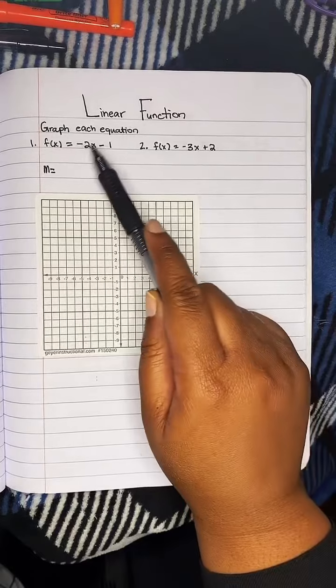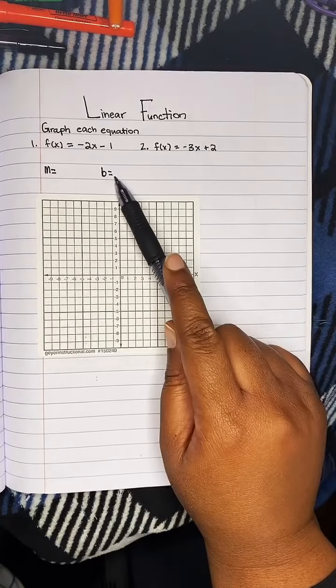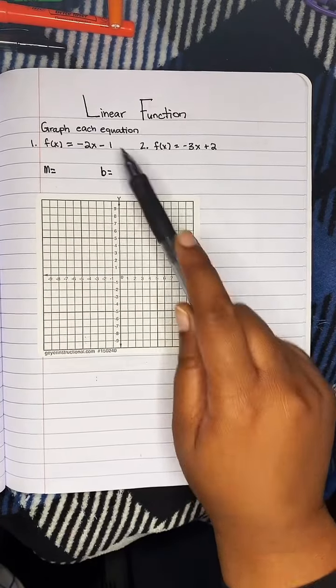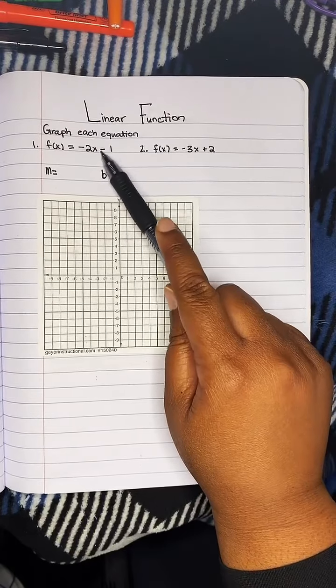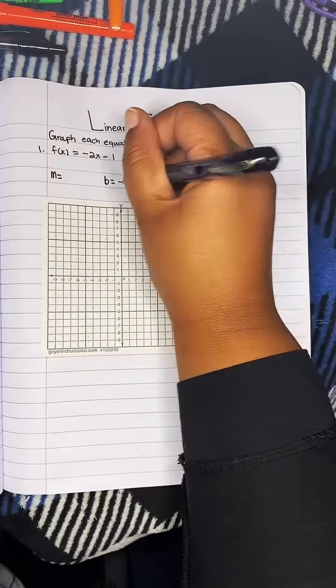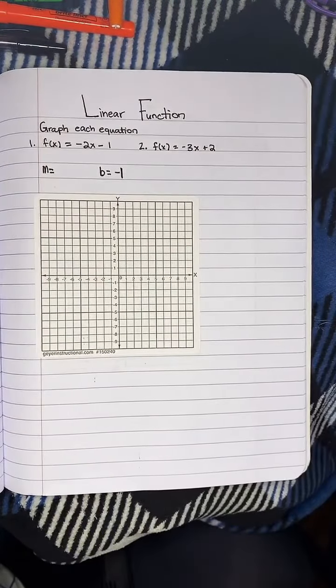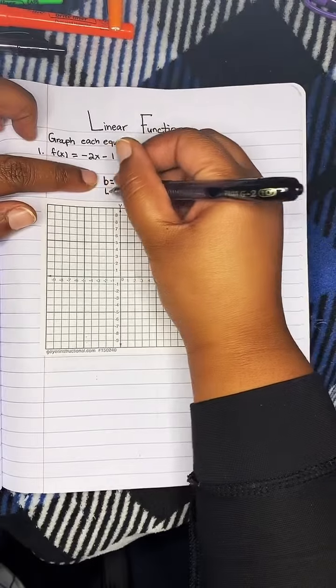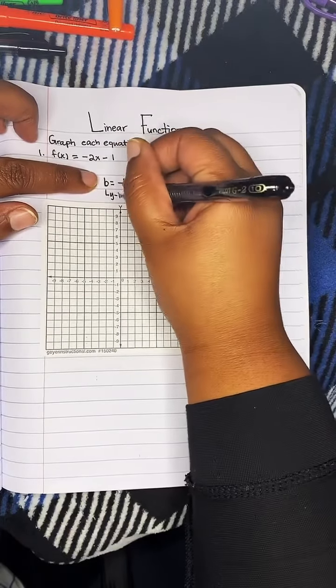So I always tell my students, identify the M and the B first, okay? Our B is the number that is not attached to the X, so it's -1. And remember, the B stands for the y-intercept.